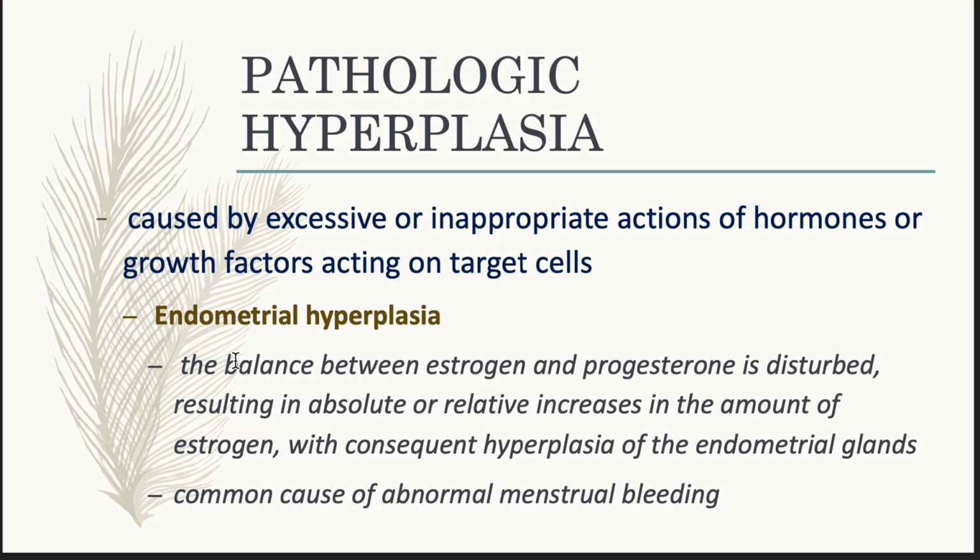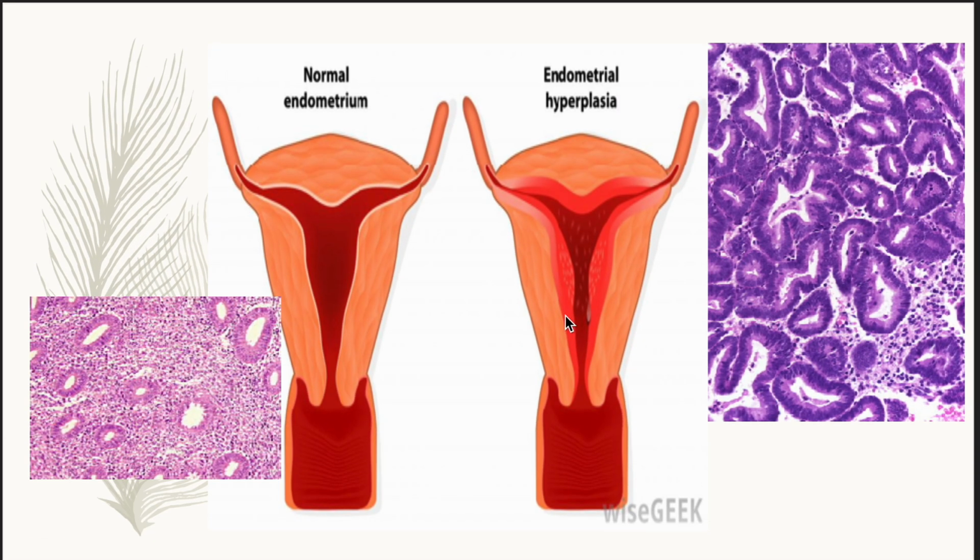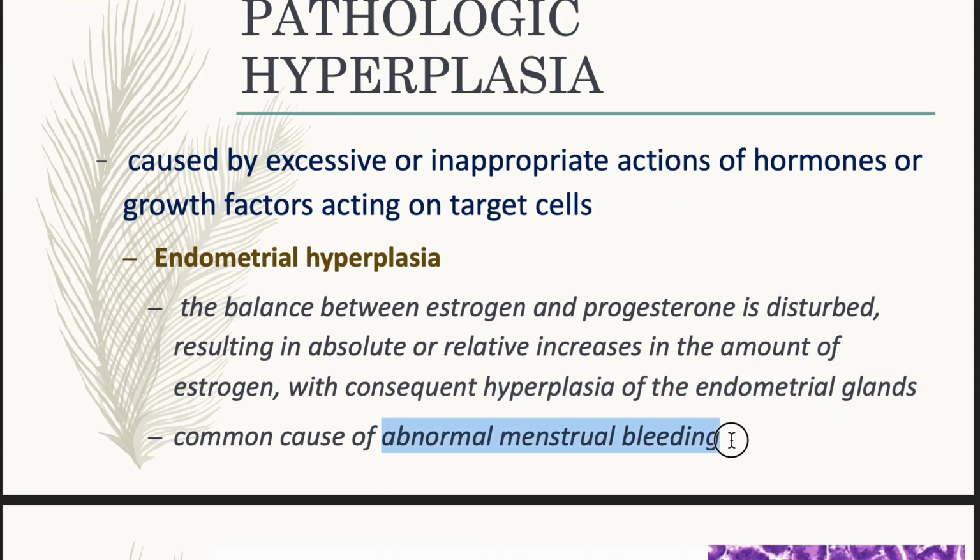That's why we bleed for a certain number of days. When this is disturbed because of many factors, it results in an absolute or relative increase in the amount of estrogen. And when you are overexposed to estrogen, this will cause hyperplasia, an increase in your endometrial glands, and it becomes a disease. That will cause abnormal menstrual bleeding.